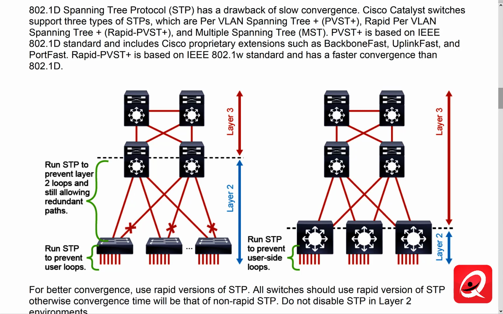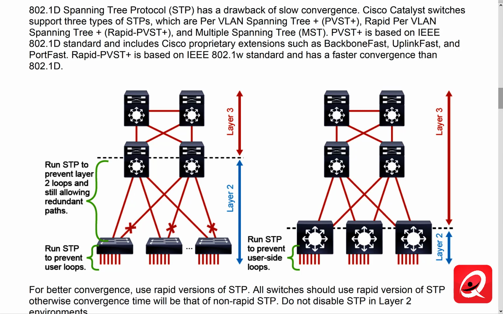In a classic spanning tree operation, whatever device detects the topology change would generate a TCN message, a topology change notification message. That TCN message would have to get propagated up to the root of the spanning tree domain.